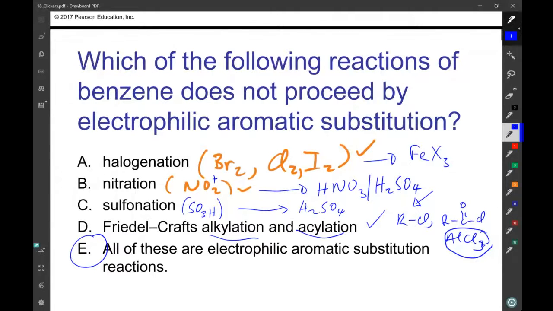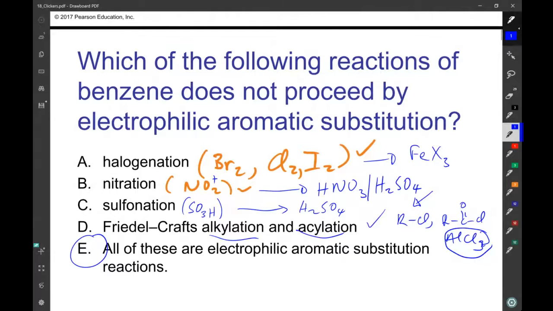So Jasmine, what I want you to do is, these are the four main types of reaction we've discussed today: halogenation, nitration, sulfonation, and the Friedel-Crafts reaction, both acylation and alkylation. Have your summary page.